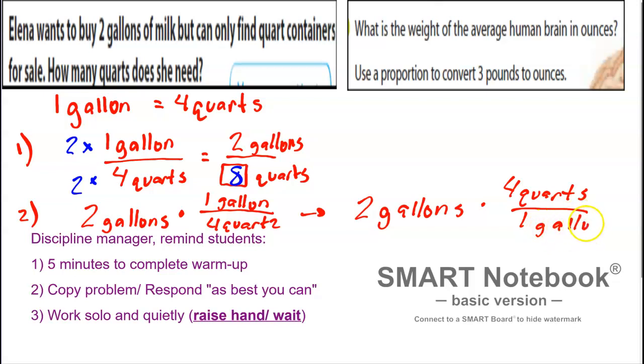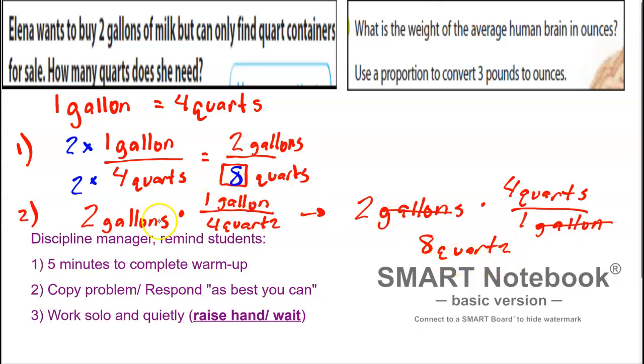Why would you prefer this method? Gallons divided by gallons cancels. All that's left is 2 times 4, so I would have 8 quarts.